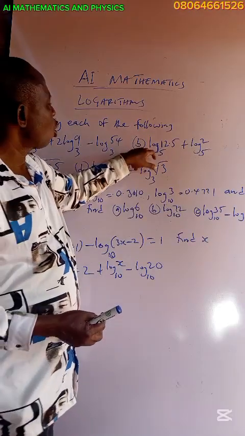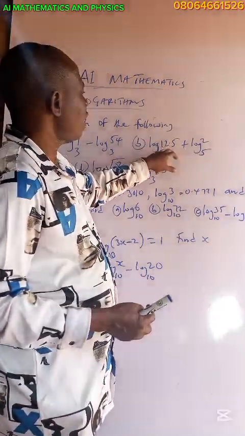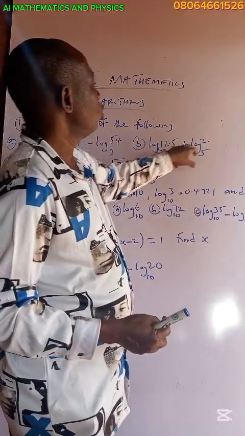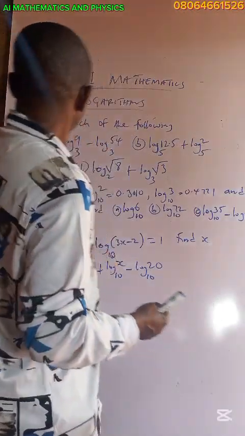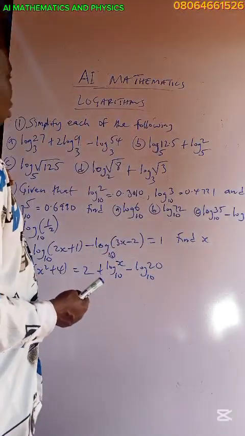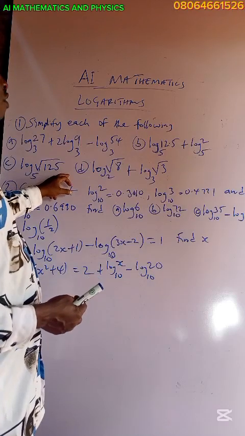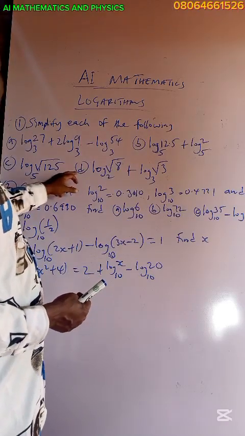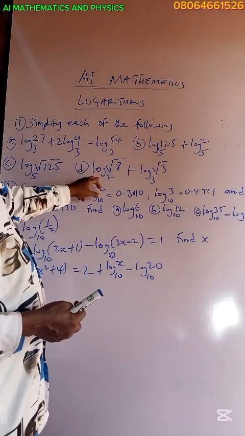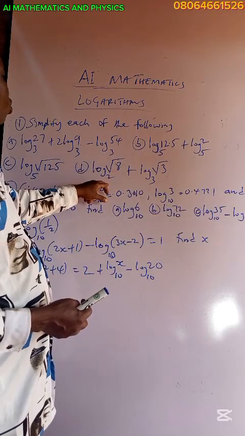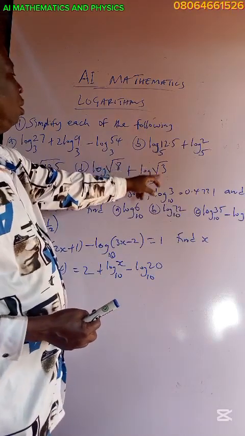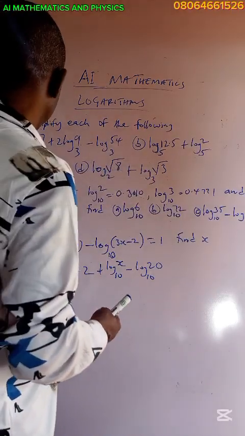B. Log 12.5 base 5 plus log 2 base 5. C. Log root 125 base 5. D. Log root 8 base 2 plus log root 3 base 3.